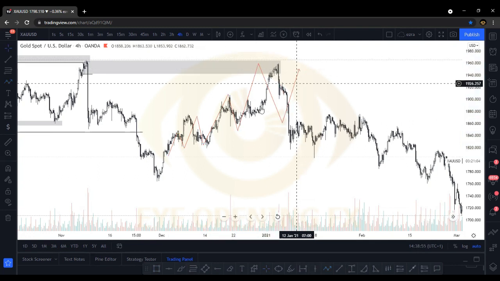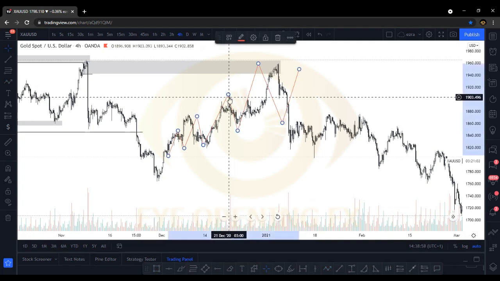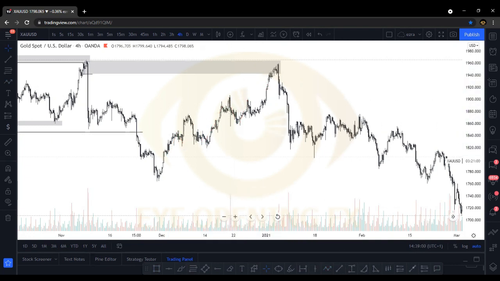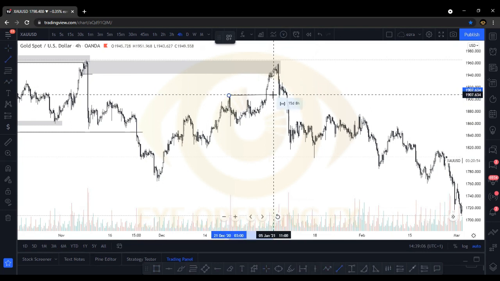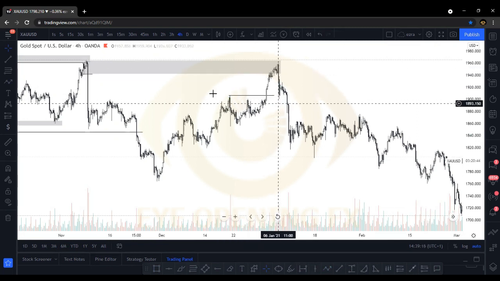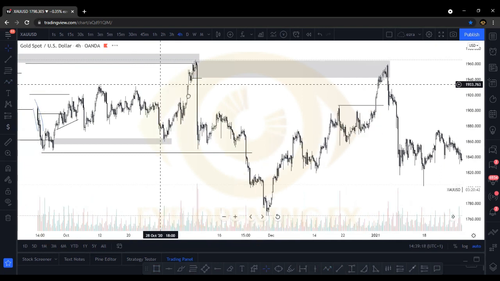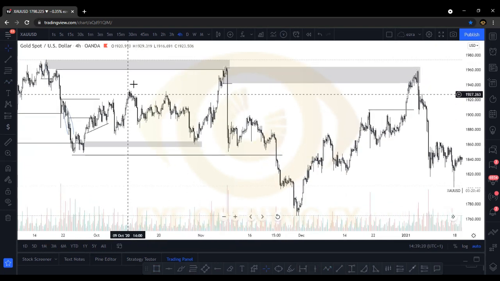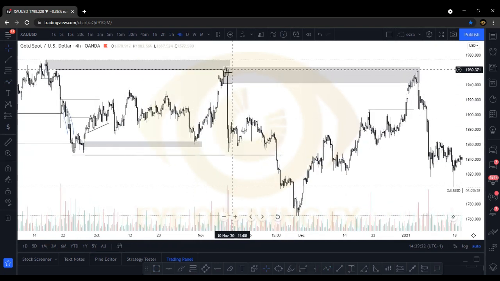That means this is the main range. You have to understand this. That means this is the main range of this area. Since this high did not come back into this former range, let's take, for example, here, higher high, higher low, a higher high was formed.